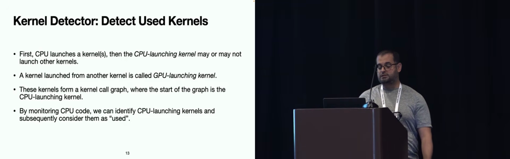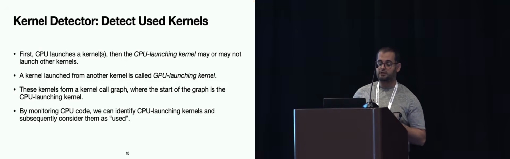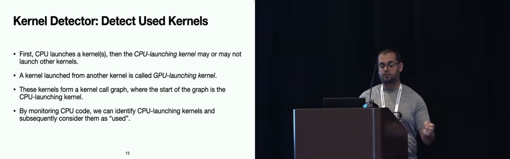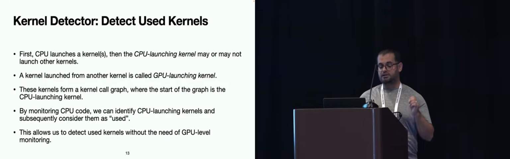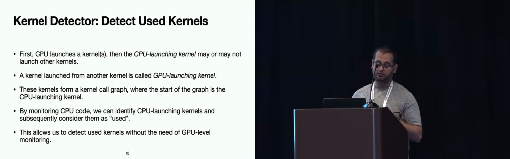And by monitoring the CPU code, the authors can identify CPU launching kernels and subsequently consider them as used. So this allows the authors to detect used kernels without the need to do GPU level monitoring.